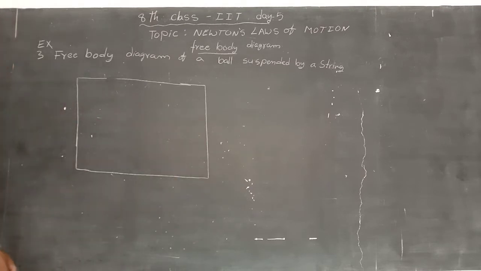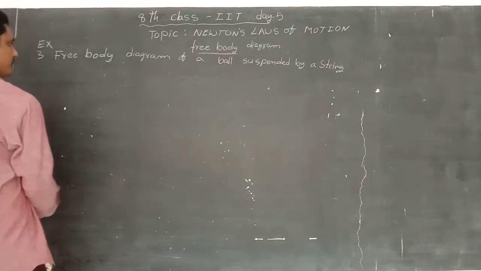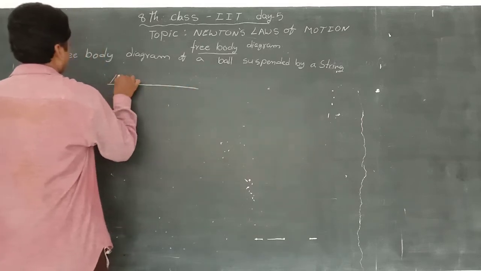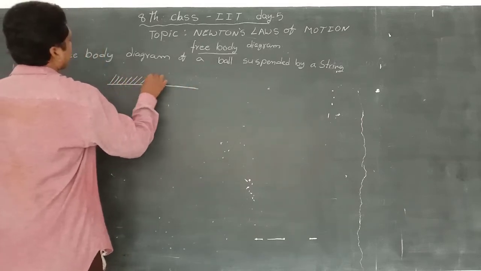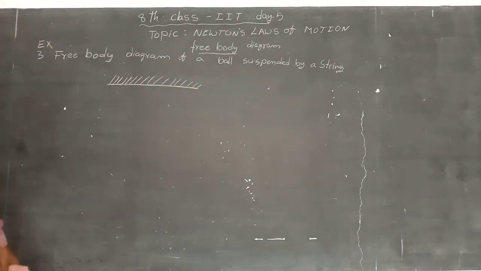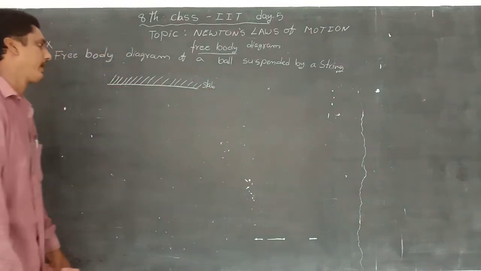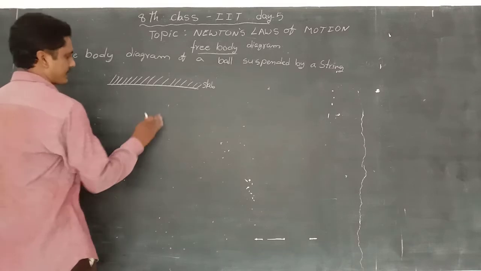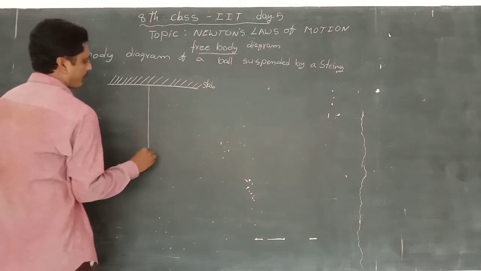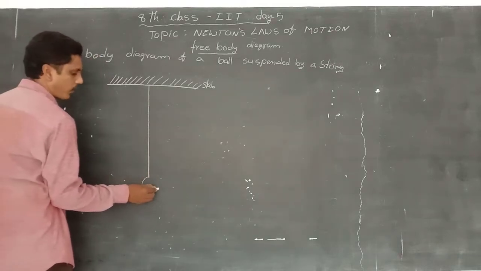Let us take this rigid support, that is a slab. Consider a ball having mass m suspended from this rigid support.